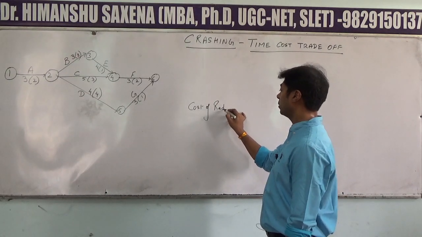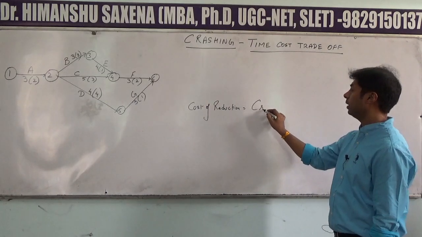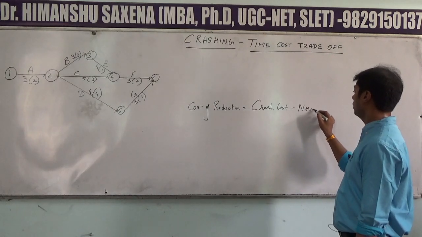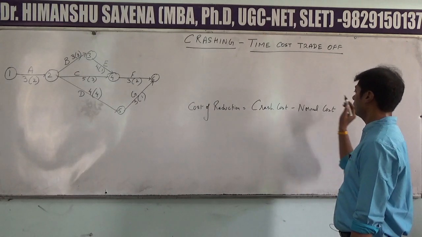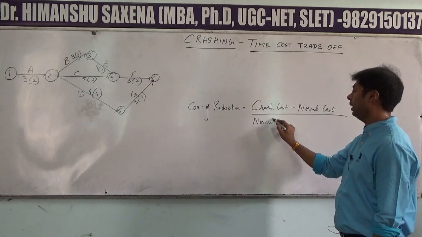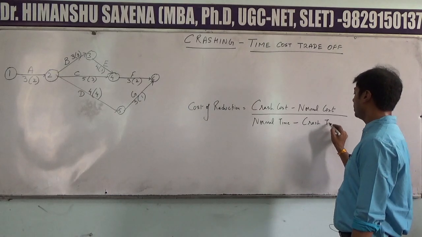Cost of reduction is calculated by this formula, which is crash cost minus normal cost, whole divided by normal time minus crash time.